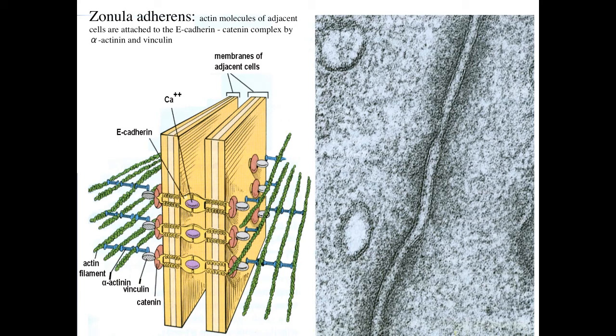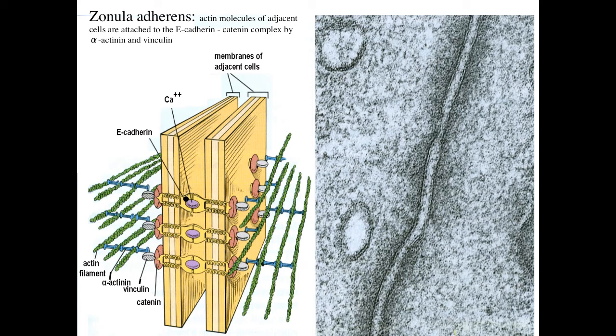But then here are the cadherin molecules, these transmembrane integral proteins spanning the membrane, and they're binding onto cadherin molecules in an adjacent cell. So you can imagine that these two membranes of cells are coming fairly close together, but there's an interaction of the cytoskeleton of one cell to another cell because of the binding of the cadherin proteins from one cell to another.